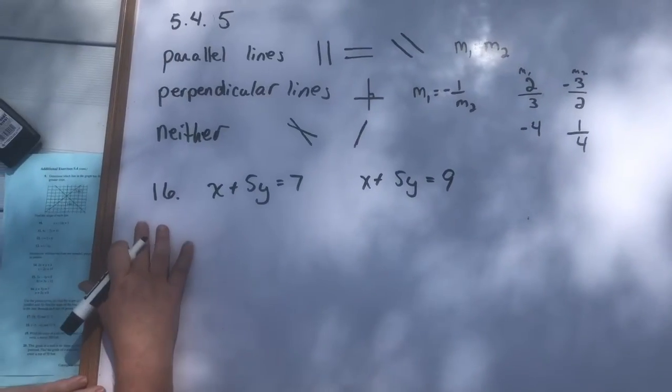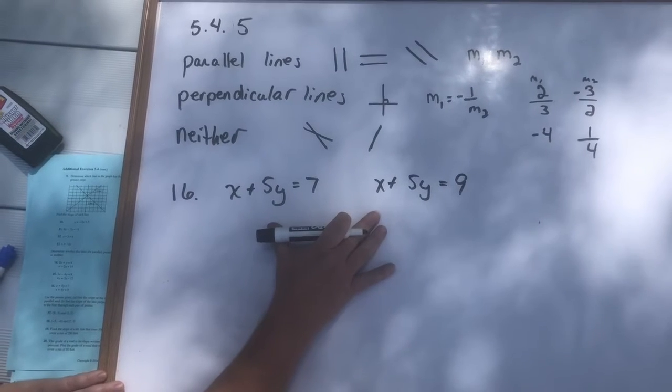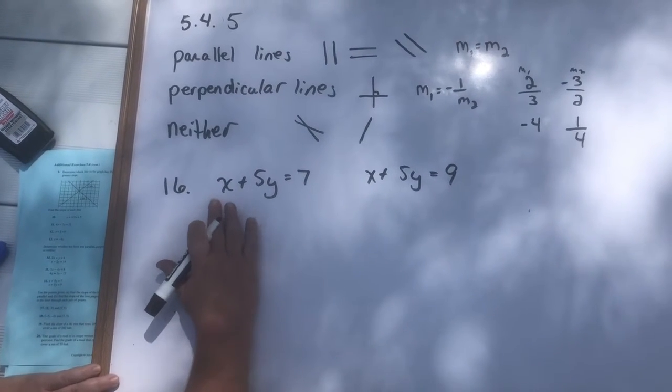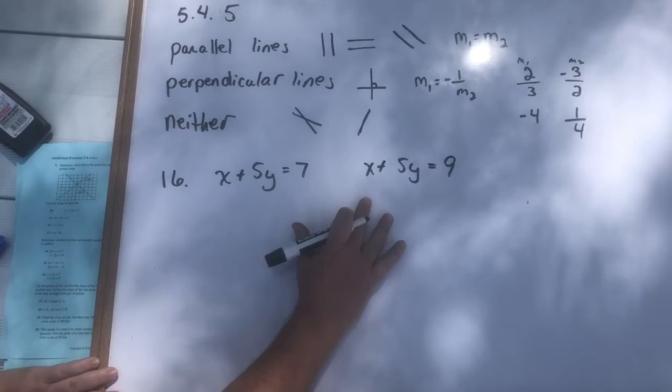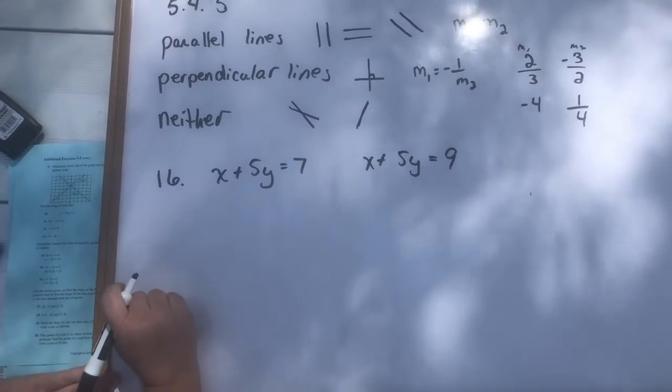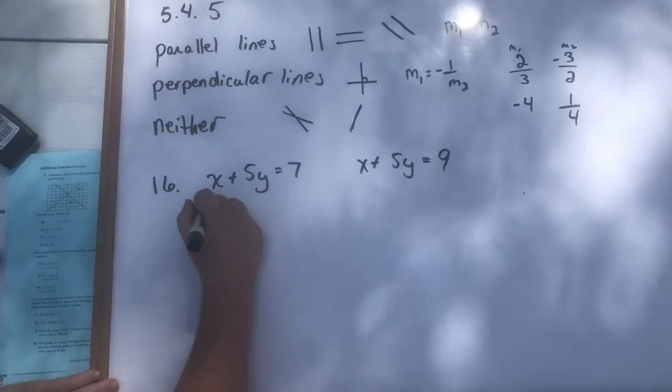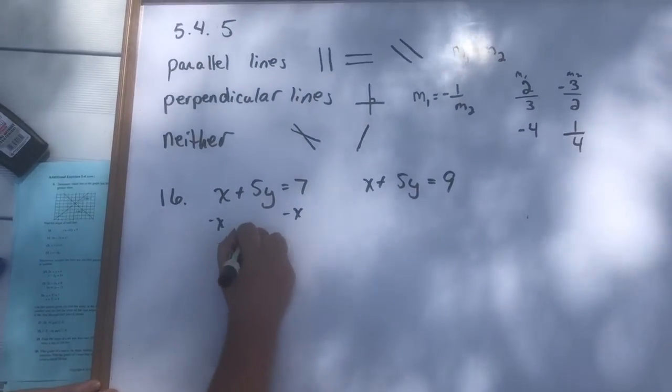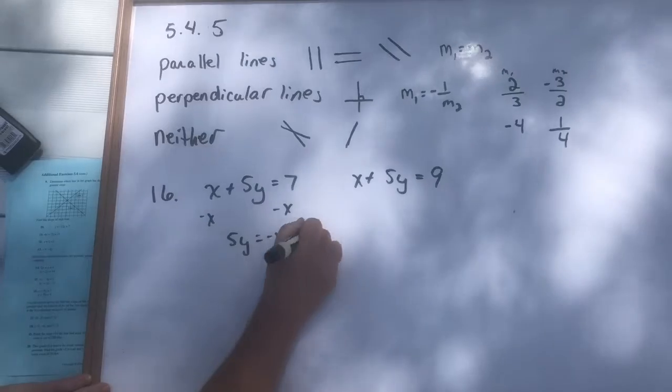Okay, here's number 16, and I just rewrote these so that I didn't have to write them twice. The first line is x plus 5y equals 7, and the second is x plus 5y equals 9. If we want to find the slope, we've got to solve for y, so I subtract x from both sides, and I have 5y equals -x plus 7.